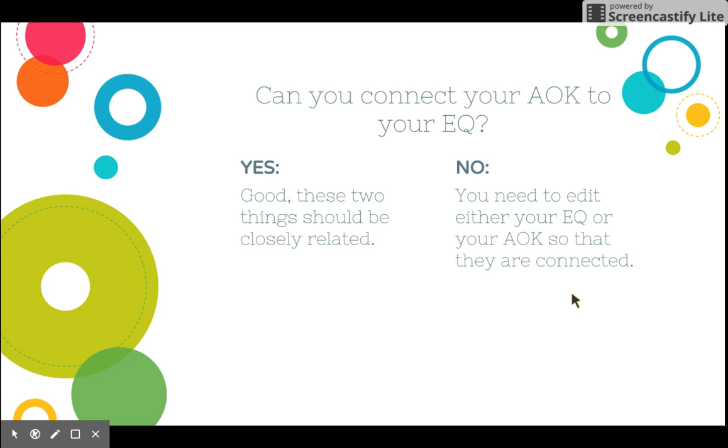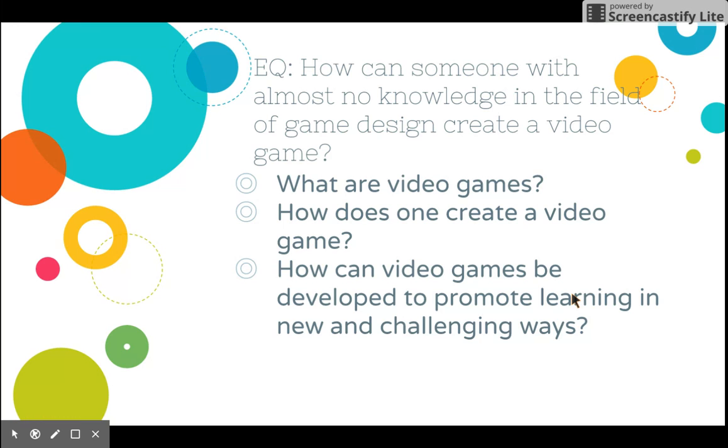I'm going to give you a couple of examples so you can sort of see what we're talking about here. The first one is, here's a fairly typical essential question. How can someone with almost no knowledge in the field of game design create a video game? That's a good question. I don't know how someone with no knowledge of the field of game design creates a game. In order to do that, here are the sub-EQs that you're going to need in order to answer that question, right?